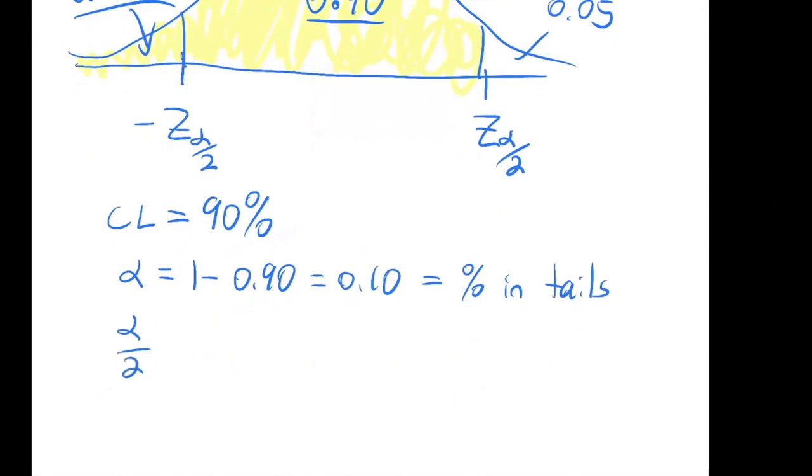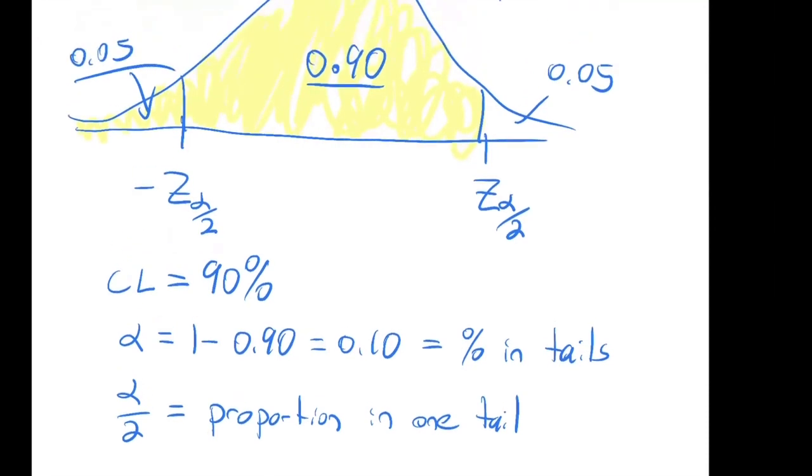And then we divide that by 2. It's not really a percent, but a proportion. That alpha over 2 then takes that and converts it into what stuff is not in the tail.